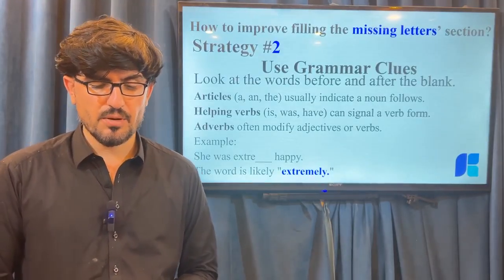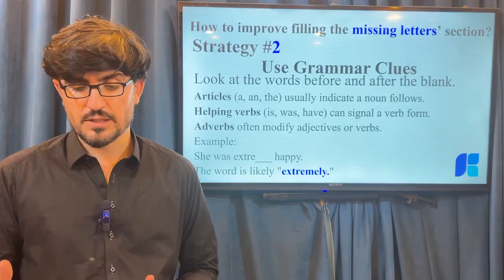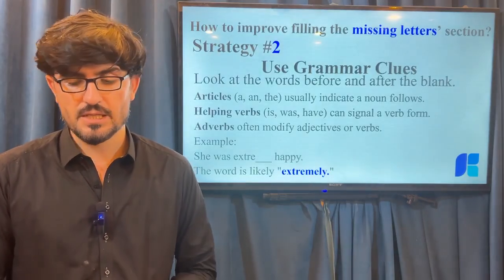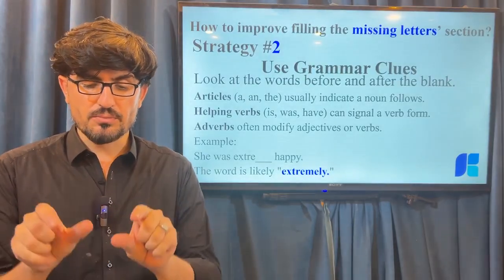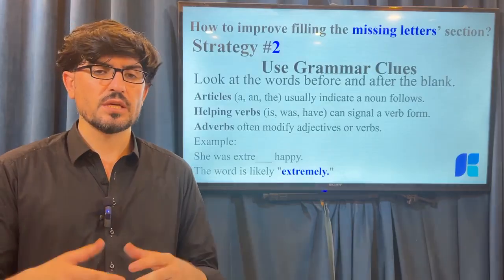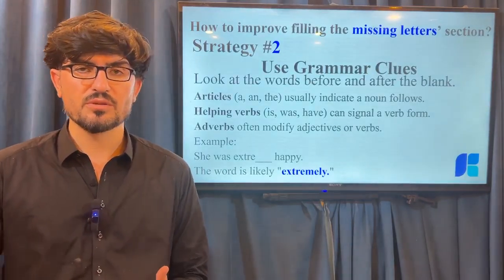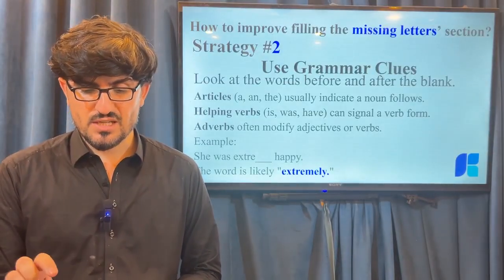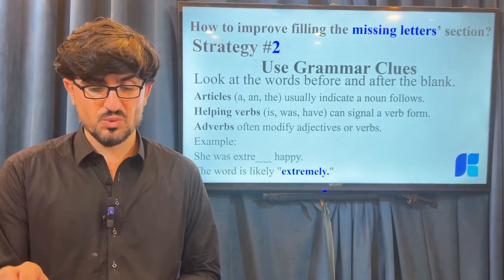And the third point is adverbs. Adverbs often modify adjectives or verbs. So once you understand these three grammar clues, you could find the missing word or the missing letters quite easily. For example, she was extreme. See, this word is missing.